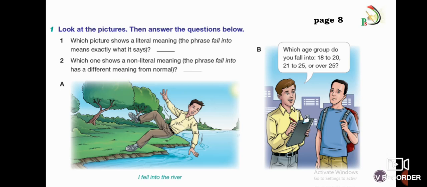In one picture, you can see a boy is about to fall into the river. Whereas in picture B, we can see that there is an interview going on, and in that interview, the interviewer is asking, which age group do you fall into? 18 to 20, 21 to 25, or over 25?